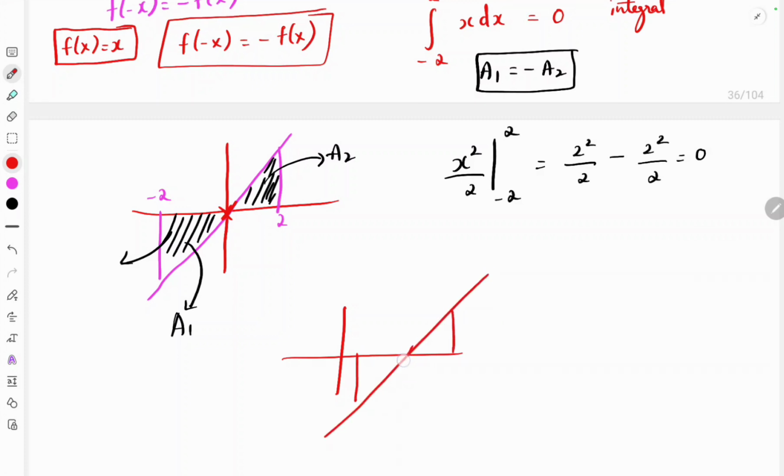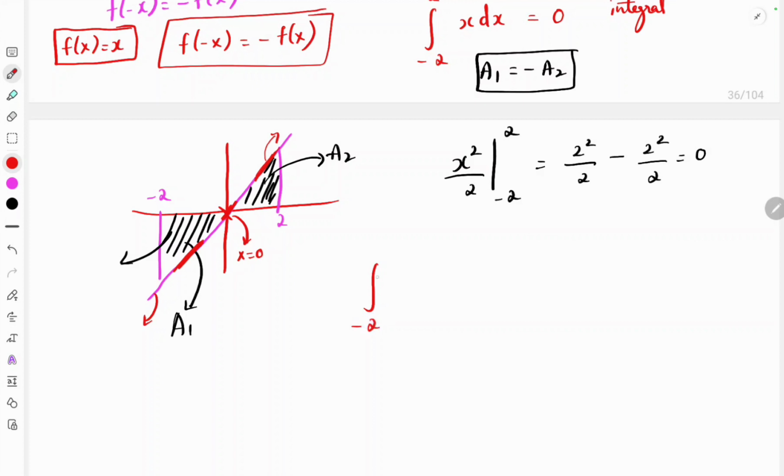We have to find one point where the line crosses the x-axis, which means here the function will be negative, but here the function is positive. The y values will be positive here and the y values will be negative here, which means the point where it changes, where it crosses the x-axis, is x equal to 0. So I have to find the area from minus 2 to 0, and the graph is what?